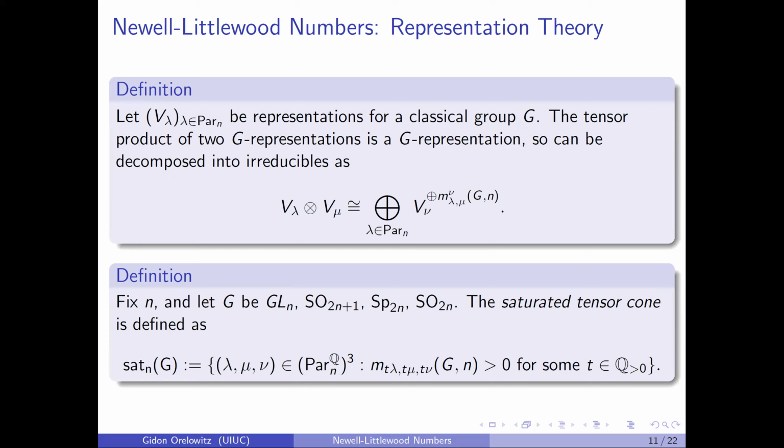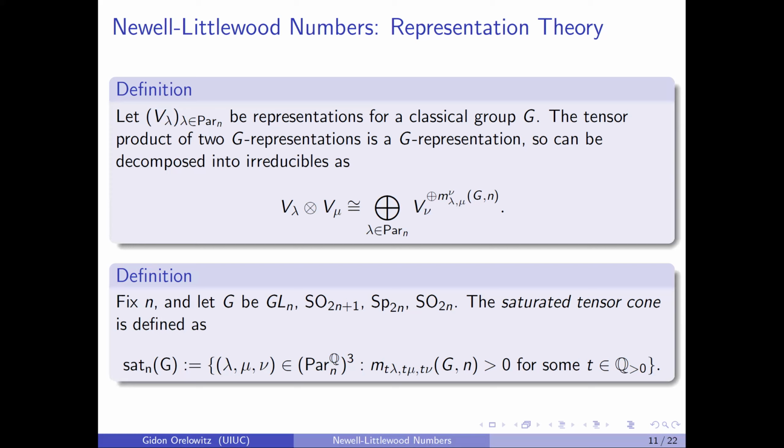So for instance, we found that before, talking about just the multiplicities themselves was interesting, but there's actually a lot of interesting math that could be done with the saturated coefficients. So we can likewise talk about the saturated tensor cone as just being any triple of rational partitions that you could scale up or down so that the multiplicity is non-zero.